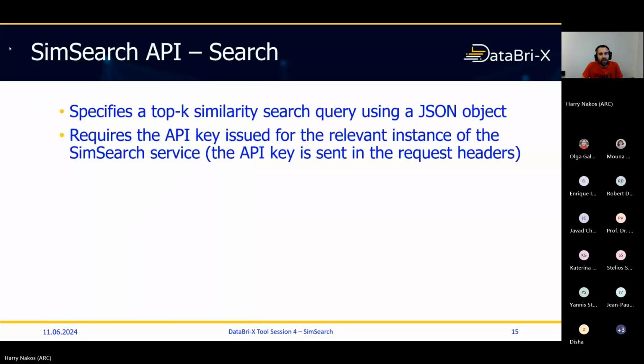And last but definitely not least is the search API call, which will specify the top K similarity search query using a JSON object that defines the description of this search query, and will of course need the API key of the SimSearch instance to run the query against.